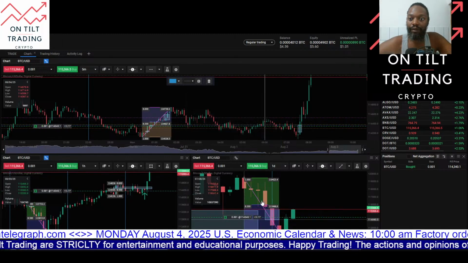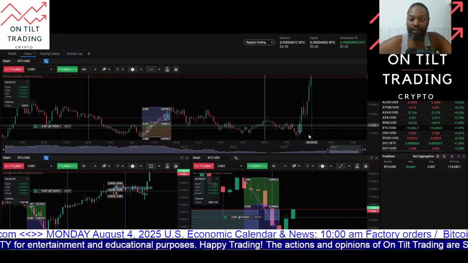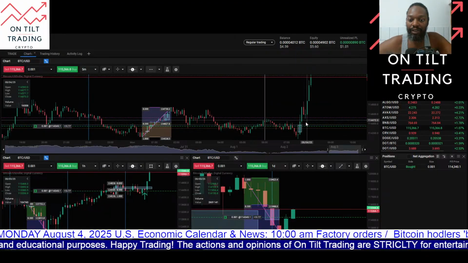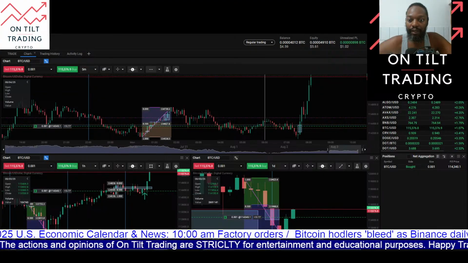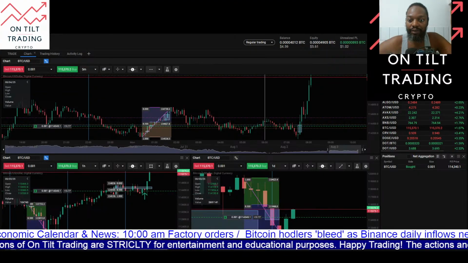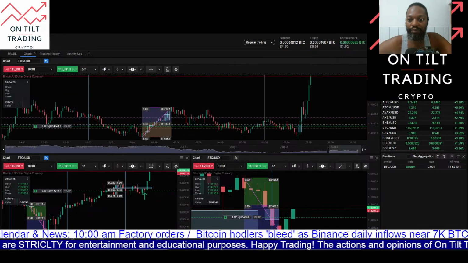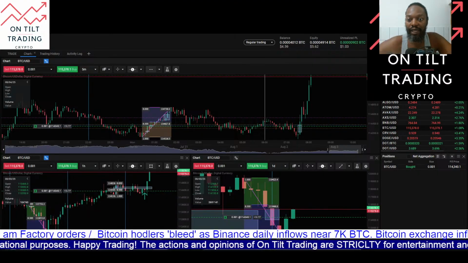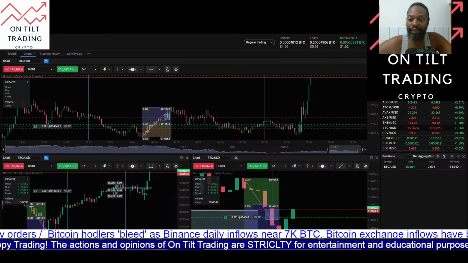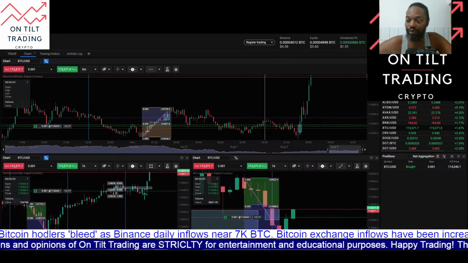Okay, all right, that's canceled. So I was looking at potentially taking a trade here on the 5-minute, but it failed to pull back past equilibrium to the fair value gap I was targeting here. So that was the order that I just removed.